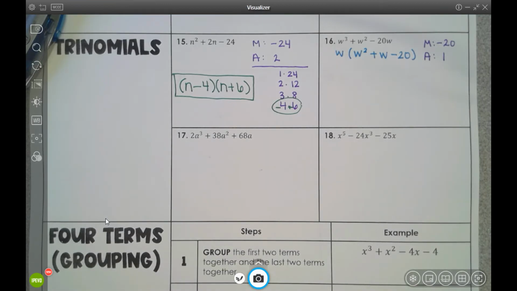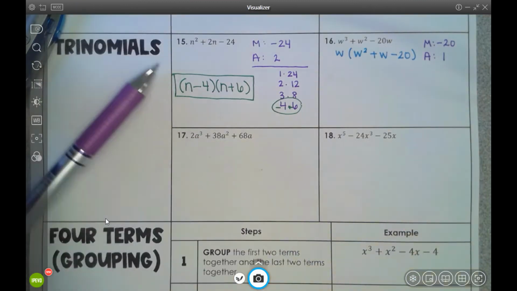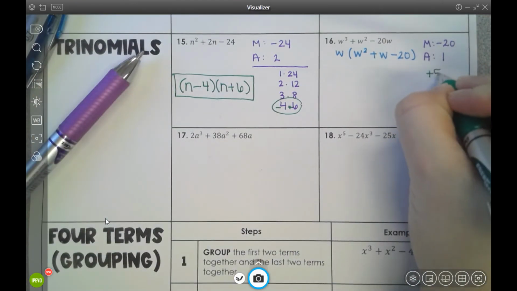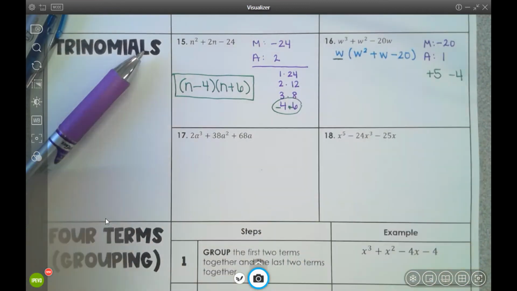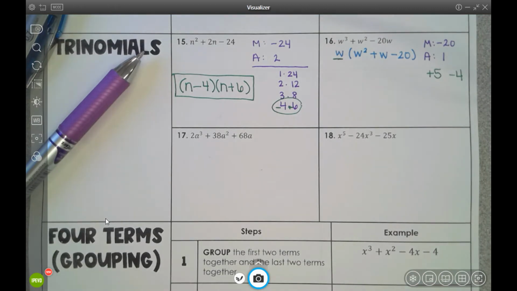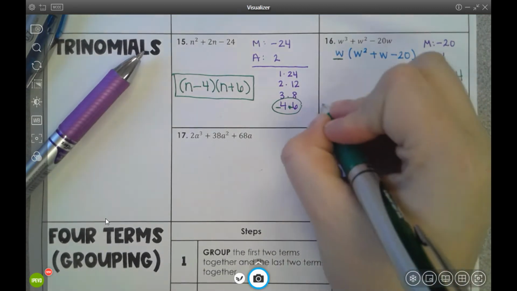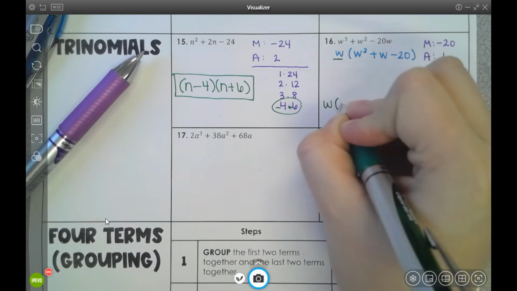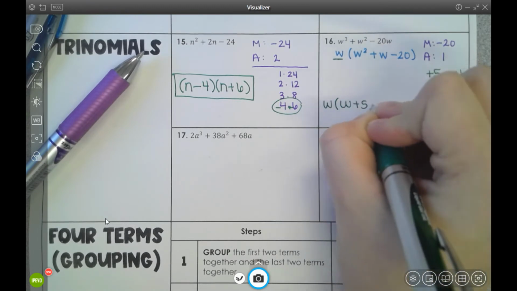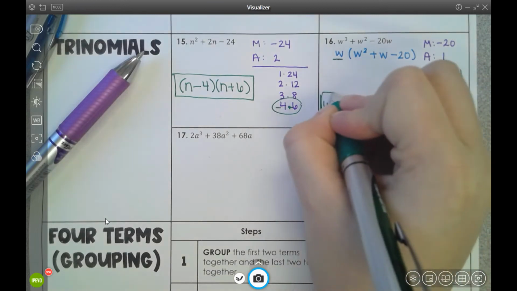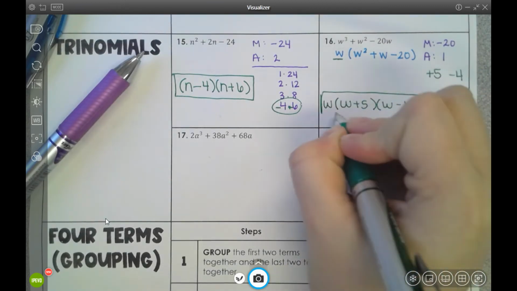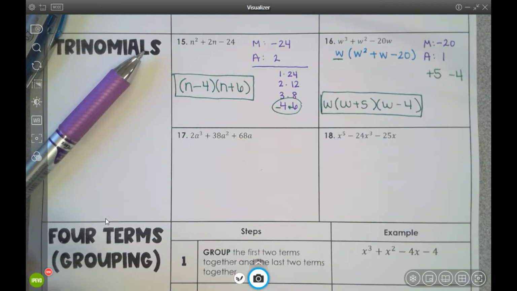What is it? Positive 5 and negative 4. That is correct. So factoring, don't forget we have the GCF. That always has to be included in your answer. So it's W times W plus 5 times W minus 4. Yes, those are easier.